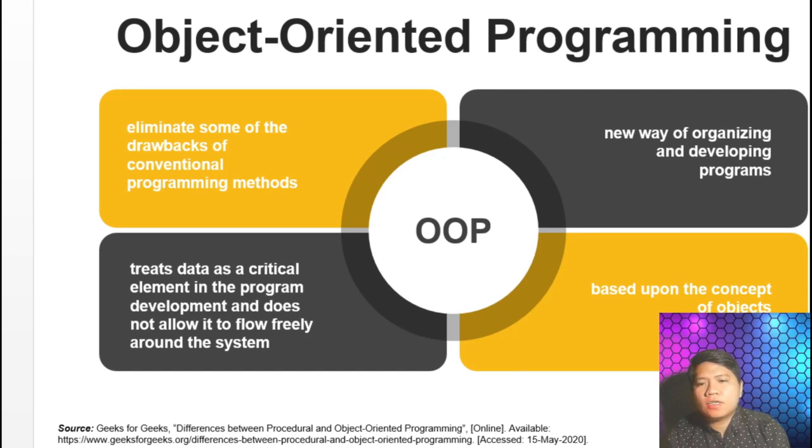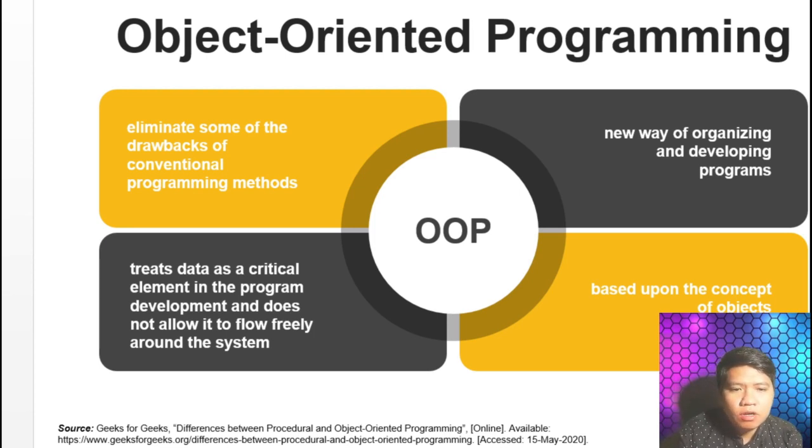Now let us discuss OOP or Object-Oriented Programming. OOP eliminates some of the drawbacks of conventional programming methods. OOP exists in order to solve the issues and problems of structured or procedure-oriented programming by incorporating the best structured programming features with several powerful new concepts.